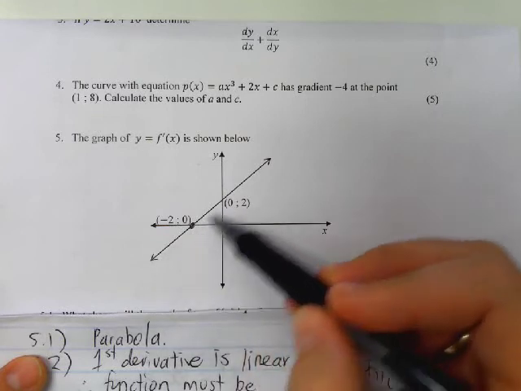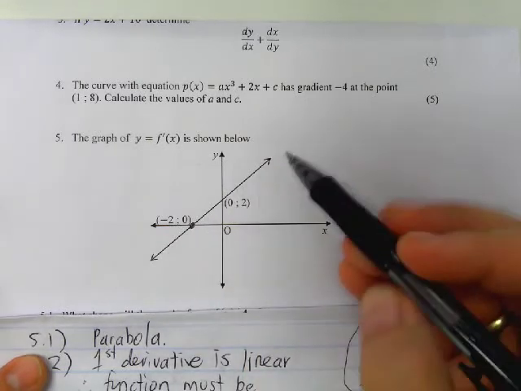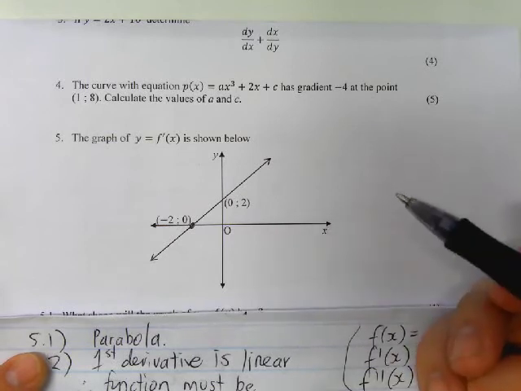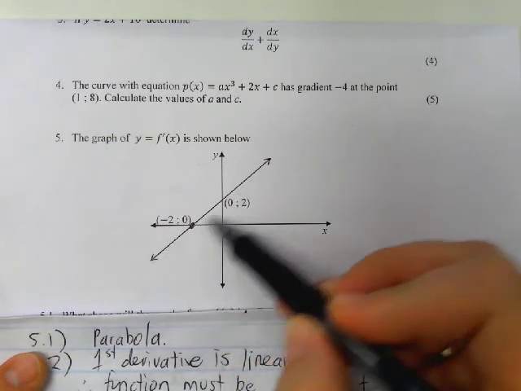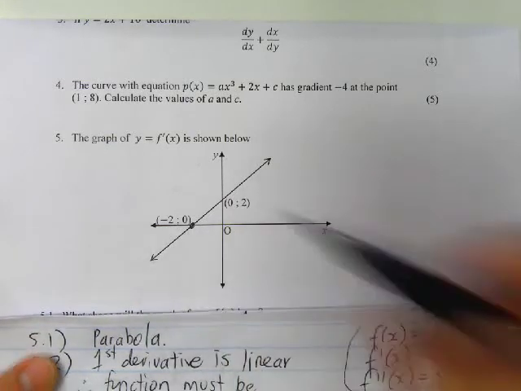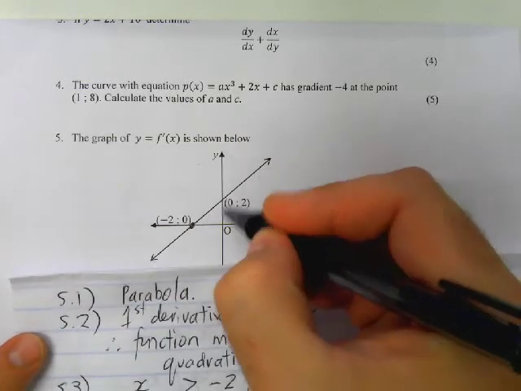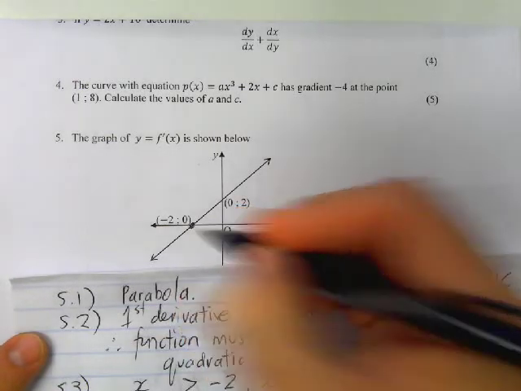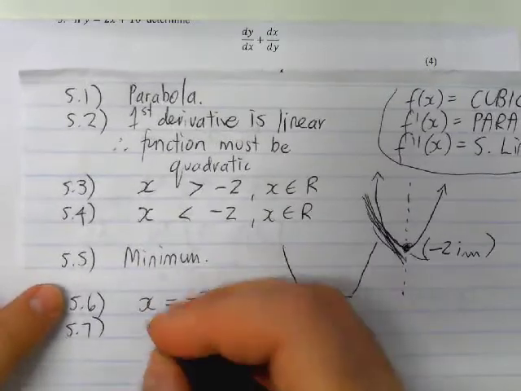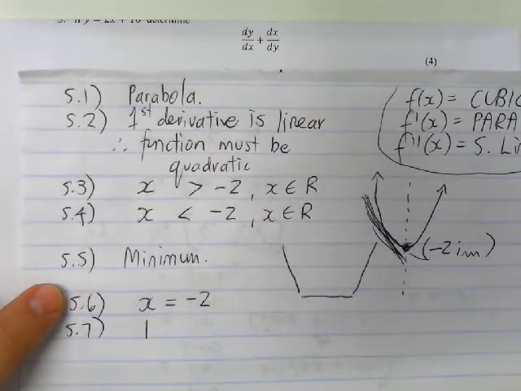You remember the first derivative here is shown. So you are working out the derivative of the first derivative. Or you can simply look at the gradient of the first derivative. The gradient of this first derivative is what? Change in y over change in x. You would see that the gradient is 1. So your answer for 5.7 is simply 1.